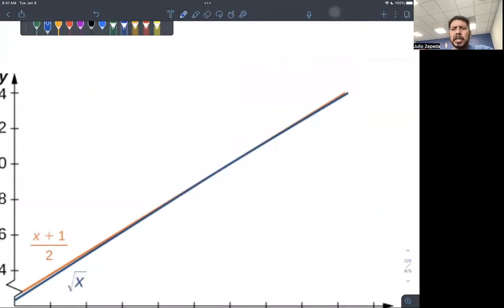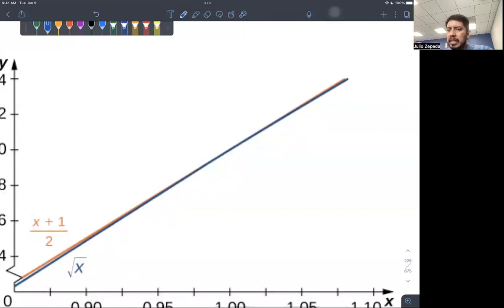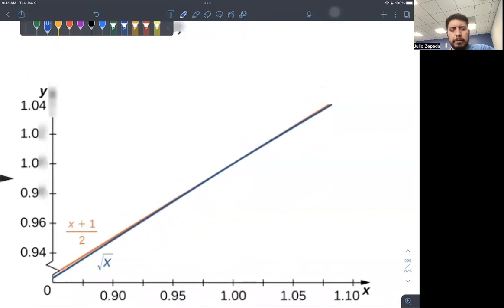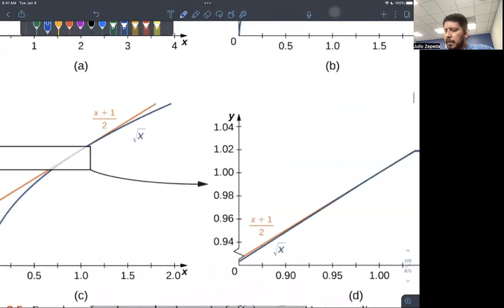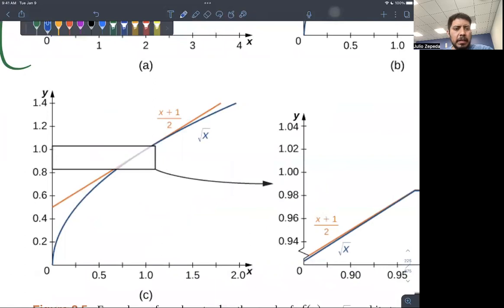And so if we wanted to approximate values of the function, the square root of x, we can use the line and find function values, approximations on the line, rather than using the square root function itself. Okay, so you zoom in close enough, and that's what they're showing here on this little rectangle.